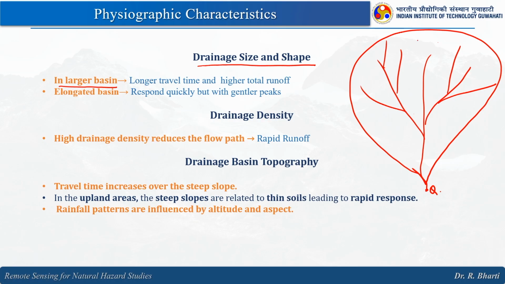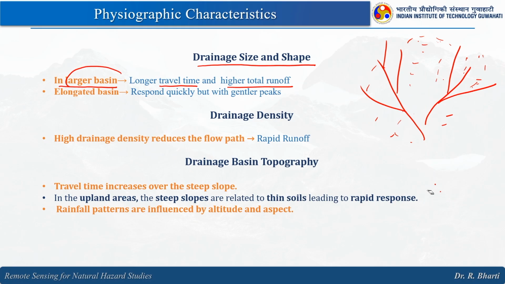Now, if we have precipitation in this region, then this water will take a longer time to reach this particular point, but this discharge will be the cumulative of all water falling in this particular area, right. So, this is the meaning of a larger basin.